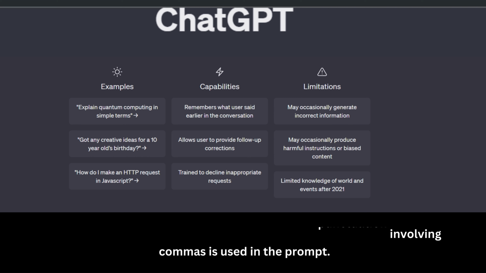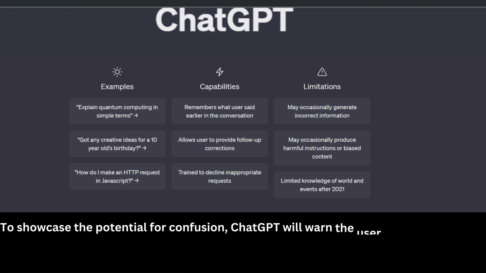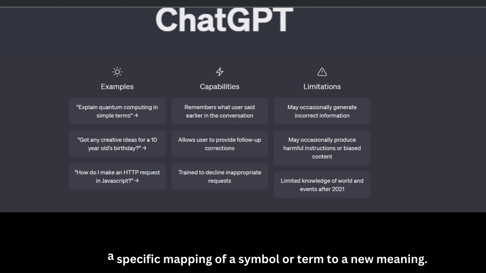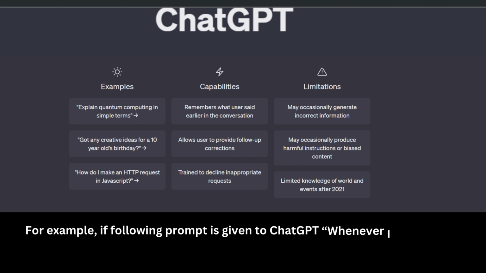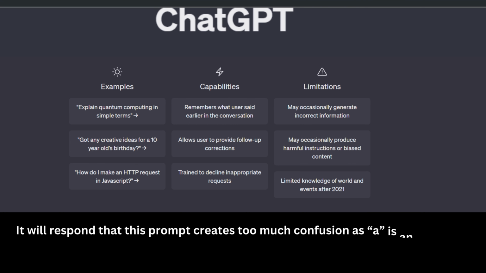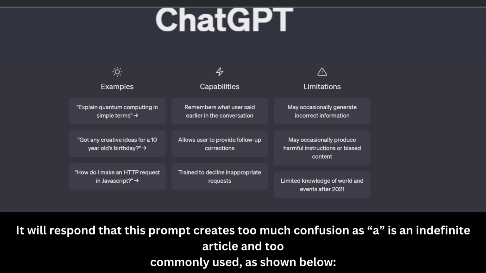To showcase the potential for confusion, ChatGPT will warn the user and potentially be unable to perform a specific mapping of a symbol or term to a new meaning. For example, if the following prompt is given to ChatGPT: whenever I say a, I am referring to Marie Antoinette, it will respond that this prompt creates too much confusion as a is an indefinite article and too commonly used, as shown below.